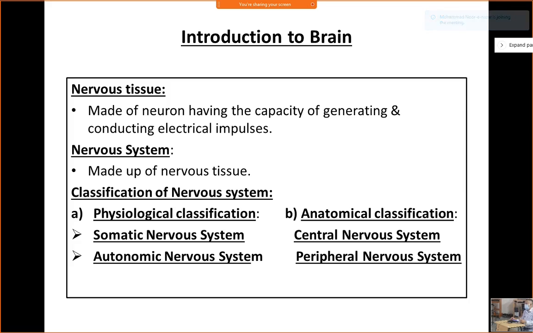According to the location of the nervous tissue or the organ, we can classify into two categories: one is central nervous system, one is peripheral. Central means the organs which lie at the center of the body or at the central axis. Peripheral means they are supplying the peripheral parts.